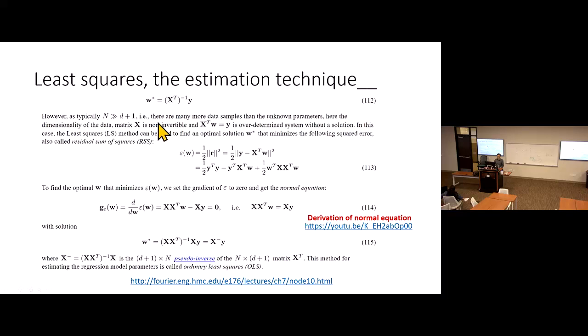The way to solve this is to express the RSS function in this way, then take the derivative, the gradient of this.